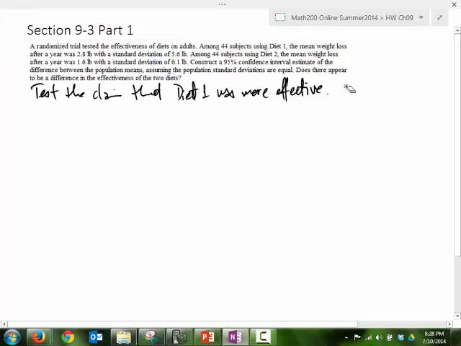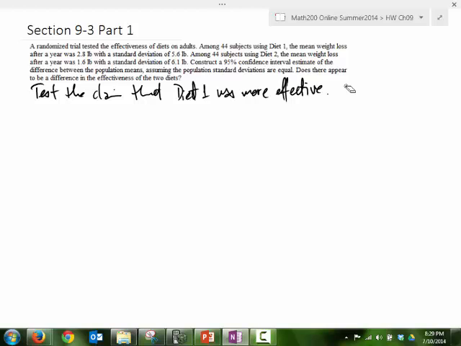So I think this is a fair statement for our claim, and it's going to make you think a little bit more, because the statement doesn't automatically convert to a mathematical statement.